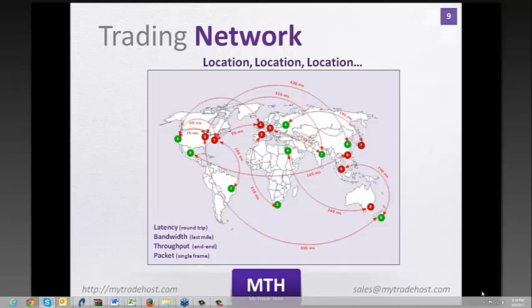Network engineers call this latency, which is the minimum time it takes for the smallest possible amount of your trading data to reach the destination that you're trying to reach and back. And the network engineers count this time down to the millisecond, which is 1/1000th of a second.